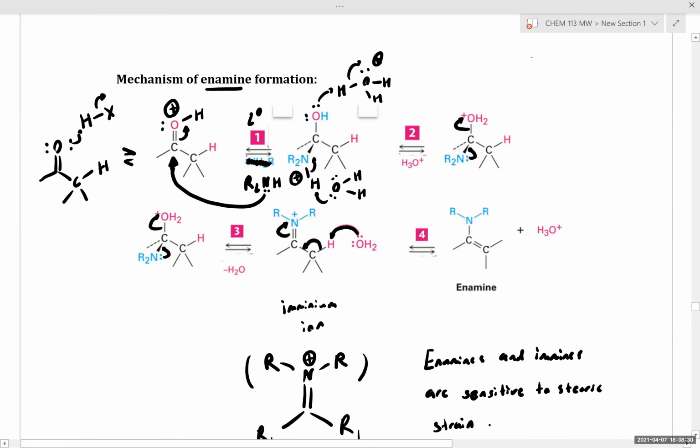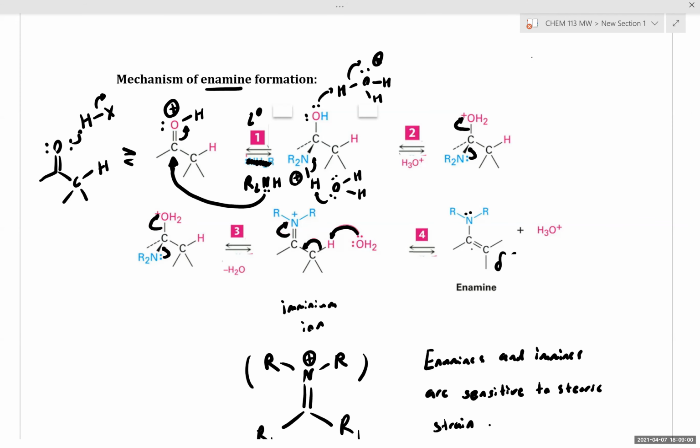And an enamine, if we think about sort of resonance contributions, is very electron rich at this alpha carbon. So it can actually function as a competent nucleophile. And we'll see examples of enamine reactivity in later chapters when we start to talk about enolates and other carbon nucleophiles. Does that make sense? Did that answer your question?